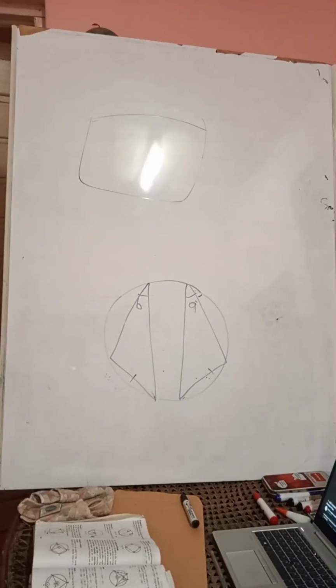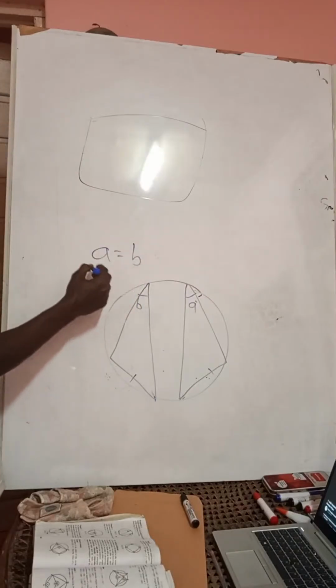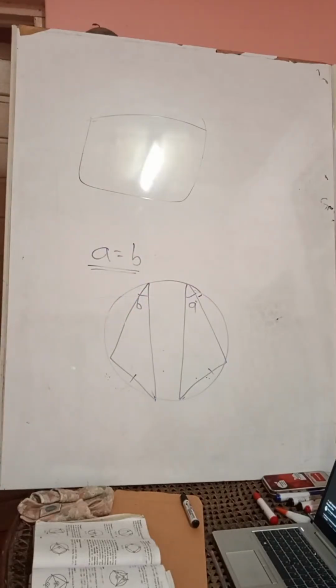Is that understandable? So A is equal to B.